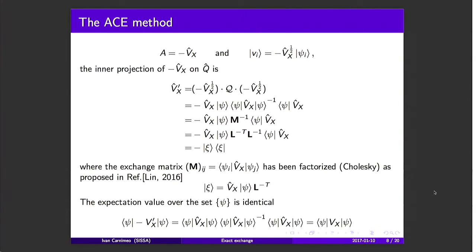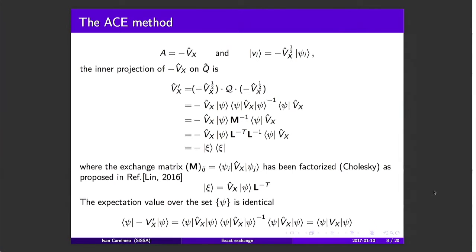So as suggested by Lin, we can recover the ACE method proposed by Lin by taking the exchange matrix and Cholesky factorizing the matrix. Then the projected operator can be expressed just with this vector Xi, which is defined as the action of the exchange operator on the auxiliary basis set times the Cholesky decomposition of the exchange matrix.